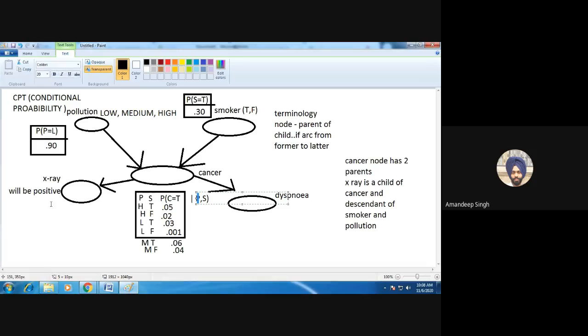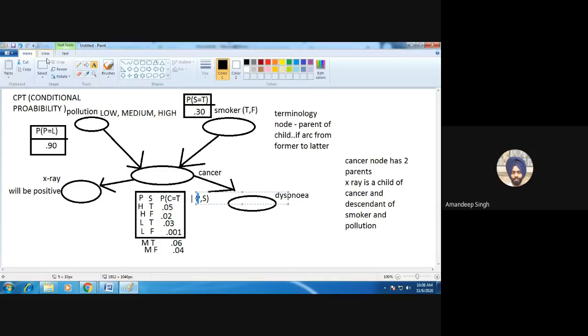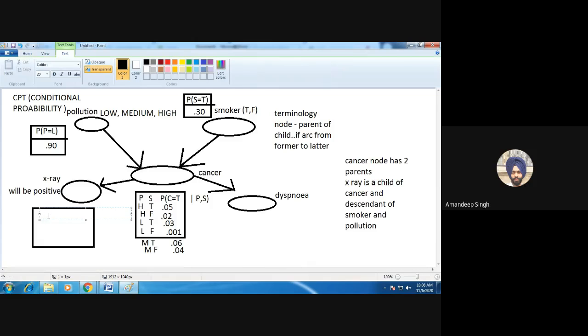And similarly for this X-ray node, you can build your CPT table like this. What you can have here in this is the cancer factor, that is, X equal to positive given the cancer value.